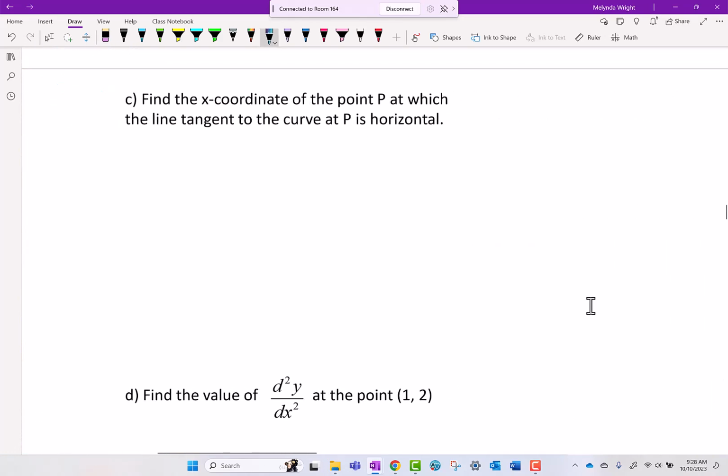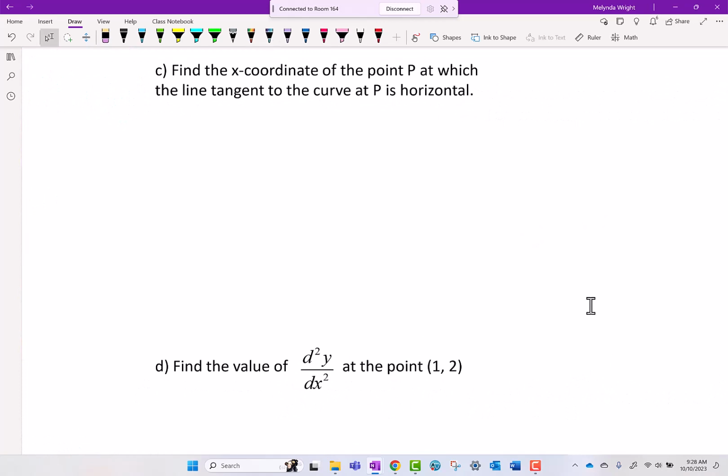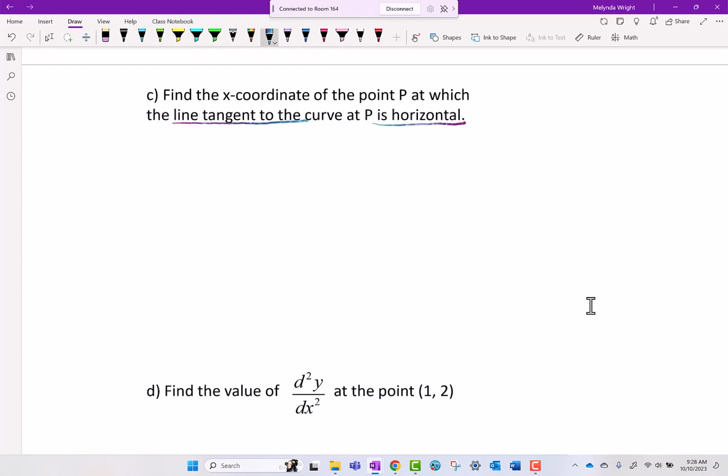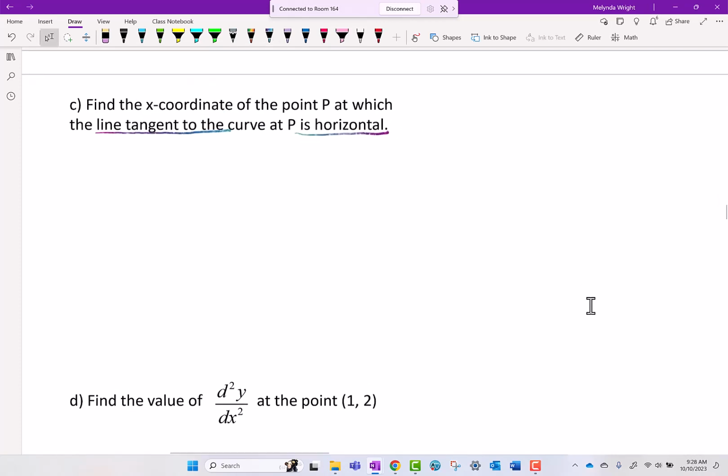Part C says, find the x-coordinate of the point P at which the line tangent to the curve at P is horizontal. The line tangent to the curve is horizontal. We need to dig into the words and figure out what this means.